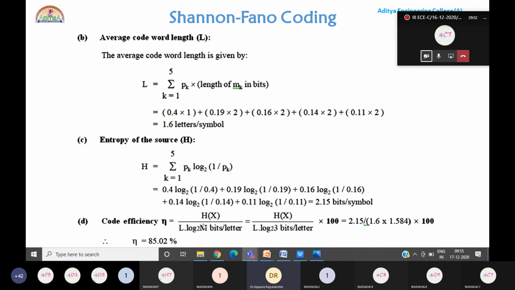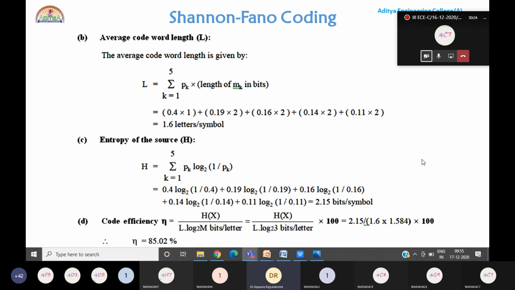Here the partition value is 3, so log 3 base 2, which is log 3 by log 2. You will get it as 1.584. So please substitute 2.15 divided by 1.6 into 1.584, multiplied by 100, which gives you the efficiency. If you observe, the efficiency is 85.02.